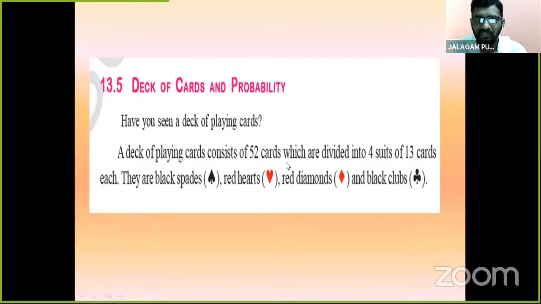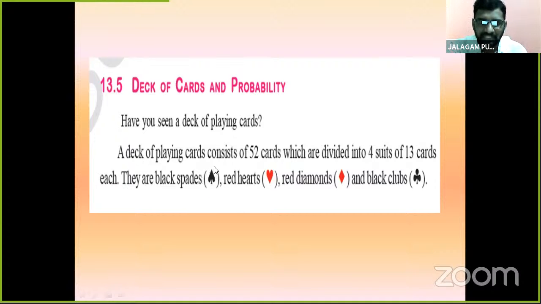A deck of cards means a total of 52 cards, and these 52 cards are divided into 4 suits: 1, 2, 3, 4 suits. Each suit contains 13 cards, and the first one is the black spade.